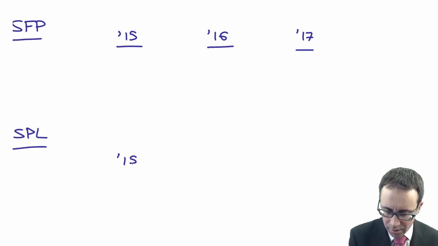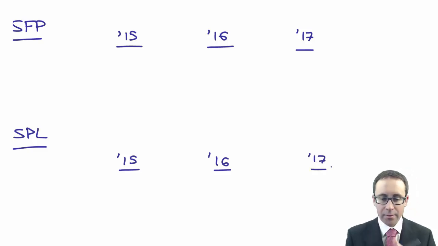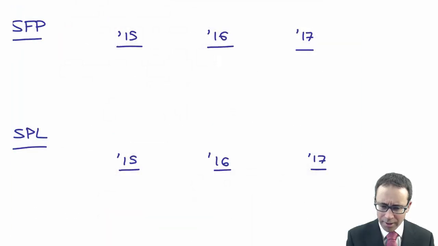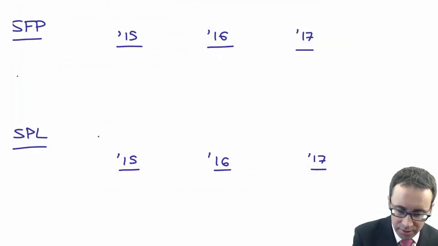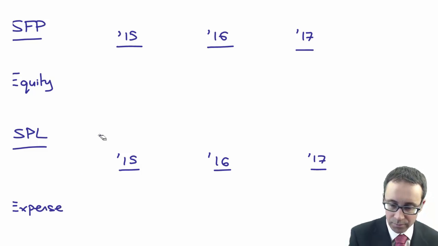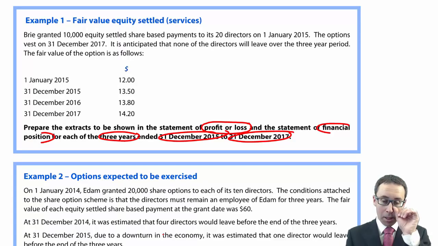Okay, so 15, 16, 17. There we go. Okay, excellent. And what we need to do as well, don't forget, is that within the statement of financial position, we're looking at equity, and then is it an expense through profit or loss? Okay, so if you get your pro forma set up, you're doing quite well.